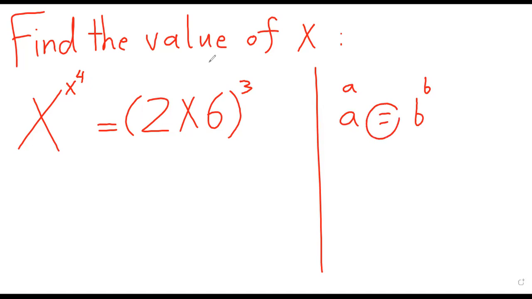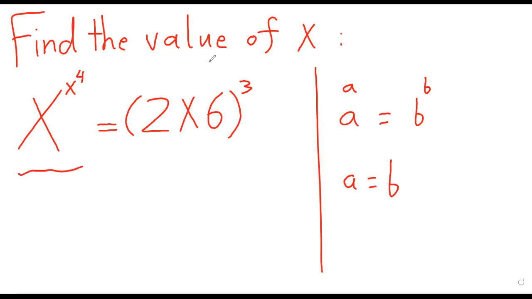There's an equal sign, and the base equals the base, and the exponent equals the exponent. So I must know that the base equals the base, and the exponent equals the exponent. Why? Because there is an equal sign. So I must say that a equals b. This is what I want to do.